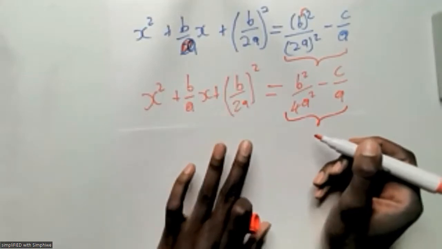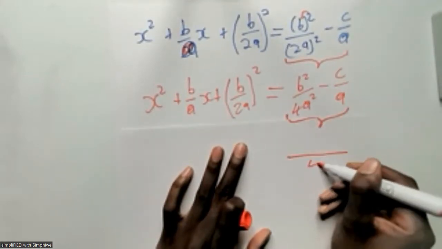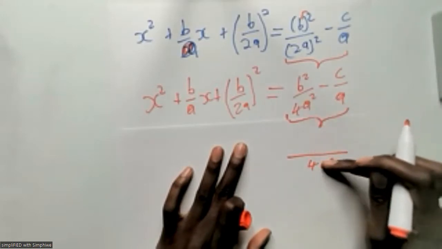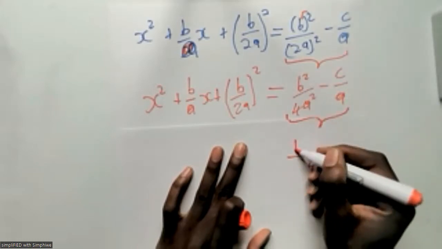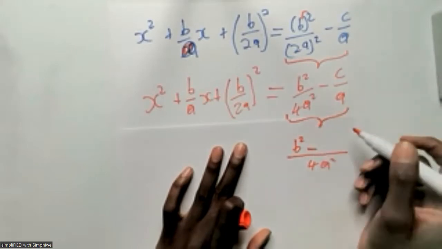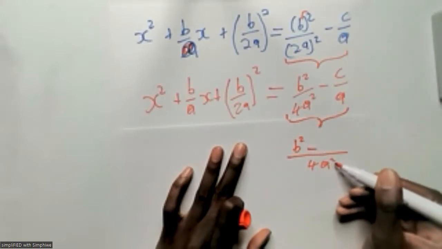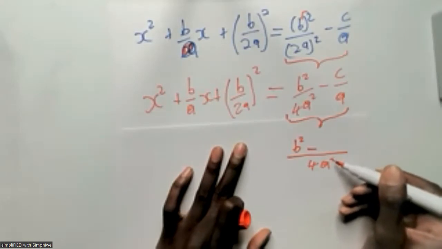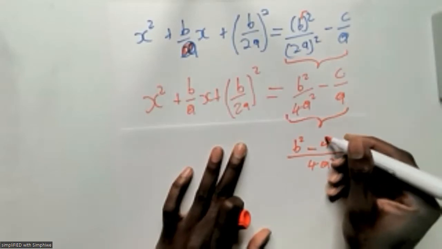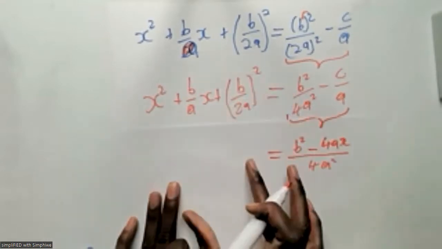Here, taking the lowest common denominator, which is 4a squared, this into this goes once, 1 multiplied by that, we have b squared minus, this into this goes 4a, because it's 4a squared, it goes 4a multiplied by c, it's gonna be 4ac. It's equals to, and let me just bring down this part.